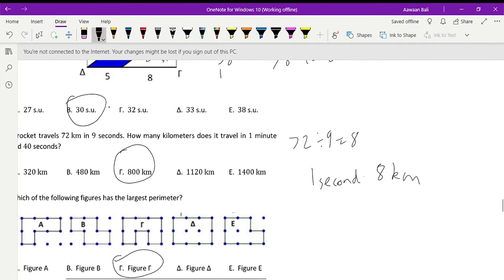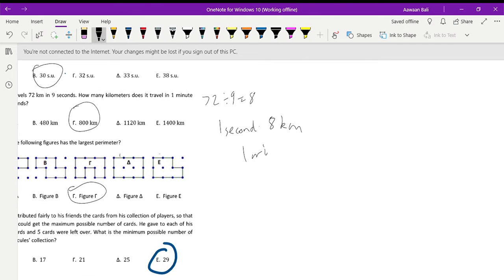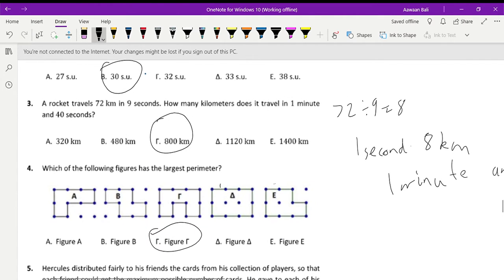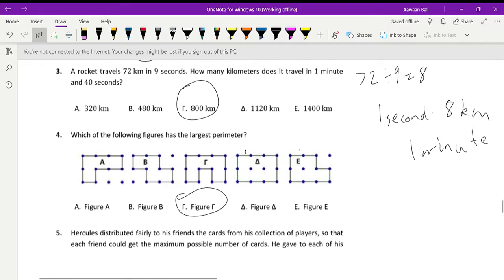And now 1 minute and 40 seconds is equal to 100 seconds, basically. And since we know the distance the rocket can travel in 1 second, we can just add the 2 zeros. So 8 times 100 is 800 kilometers. Therefore, the answer is gamma, 800 kilometers.